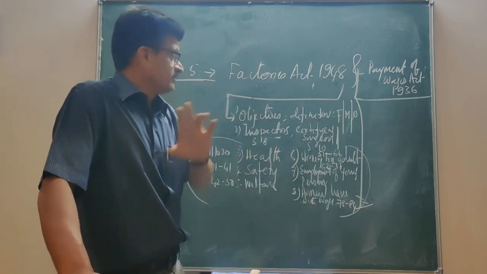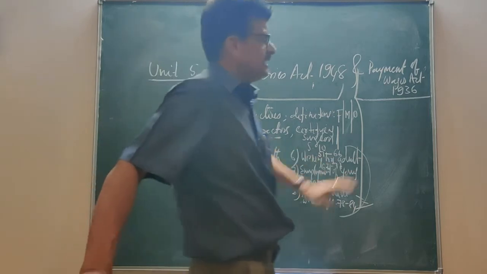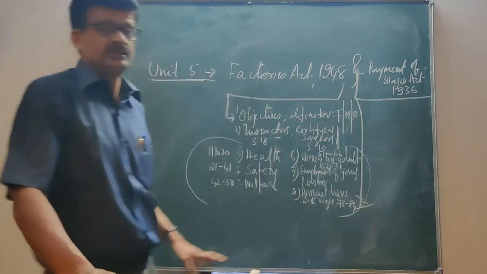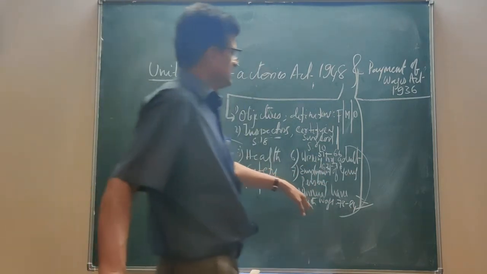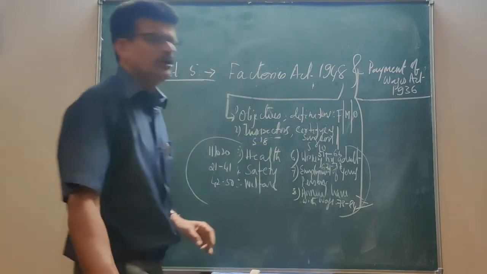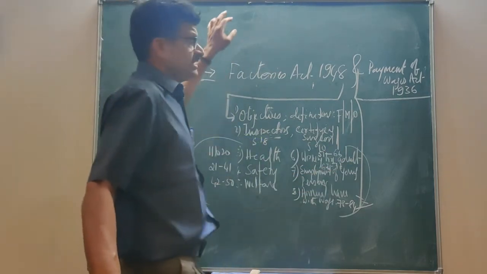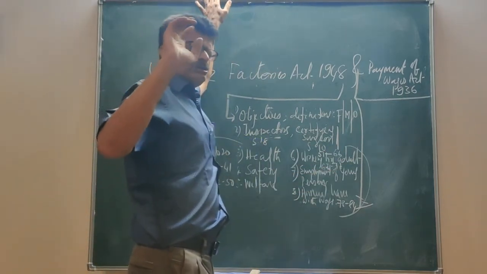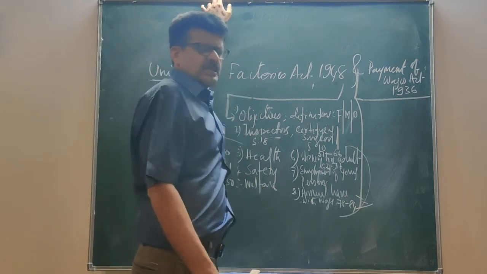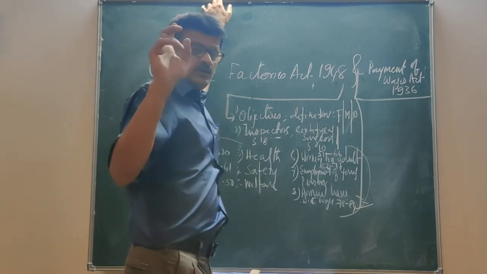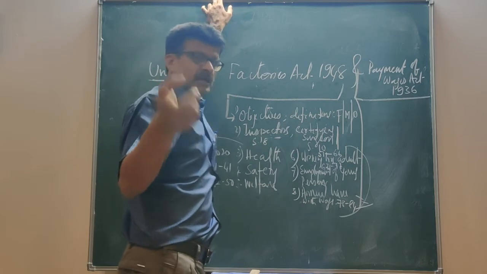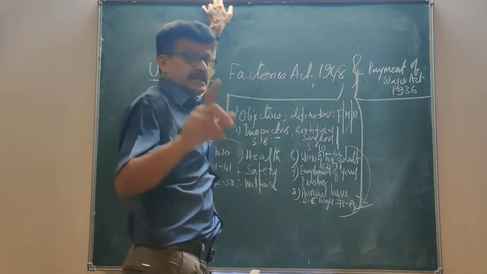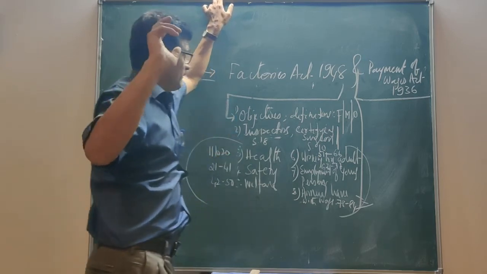Of course, on working hours you will find many provisions. Then employment of young persons and annual leave with wages. If these provisions are violated, the employer is liable to penalty. And if he is guilty of repeated violations, he will be exposed not only to penalty but also to punishment.